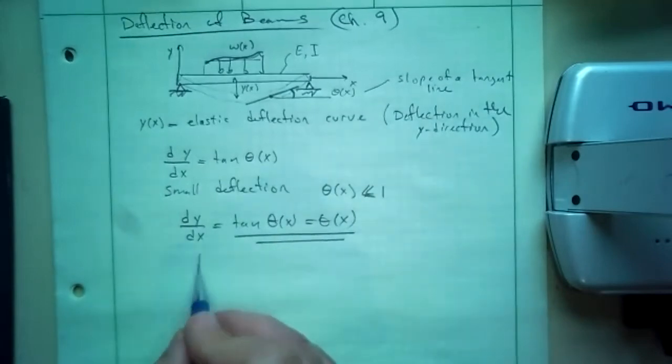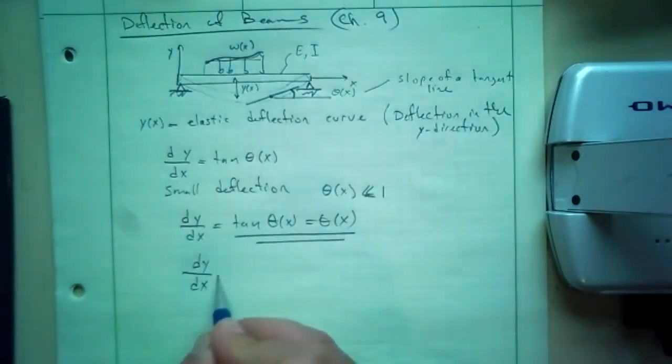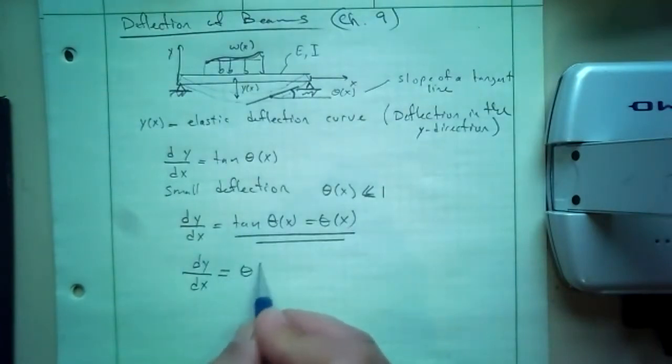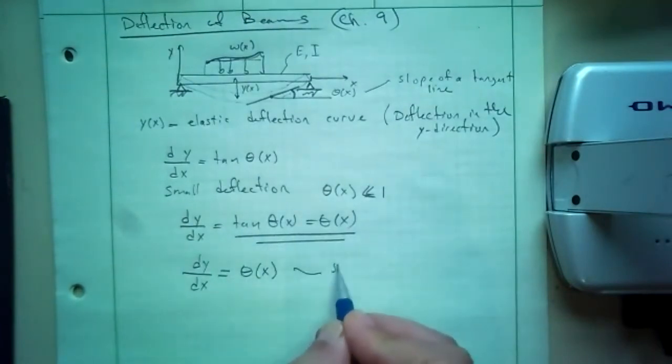Therefore, I can simply write dy/dx as theta x, which is, again, the slope.